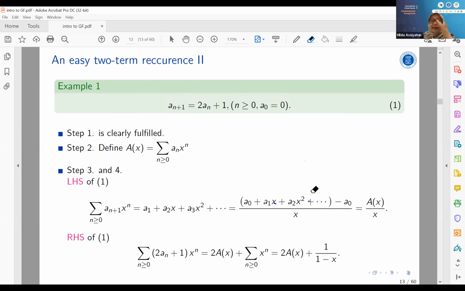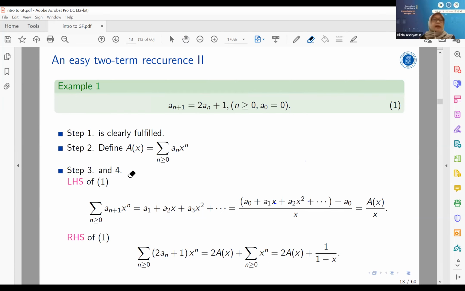So the left hand side is equal to (A(x) minus a0) over x. How about the right hand side? The right hand side is easier. The first term equals 2A(x), and the second one is our old friend, the geometric series: the sum of x to the n, n greater or equal to 0, which is 1 over 1 minus x.